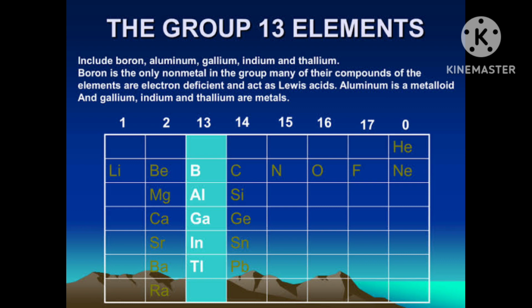It is worthwhile to note that gallium has an unusually low melting point, only 303 Kelvin, which means 30 degrees centigrade. For gallium, you should know that the melting point is low.